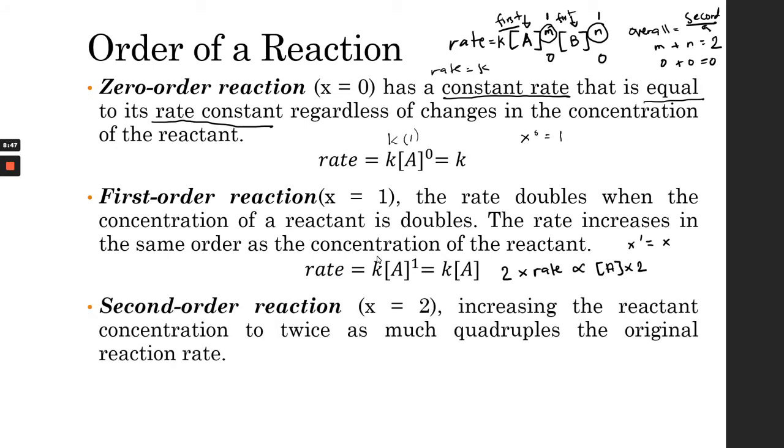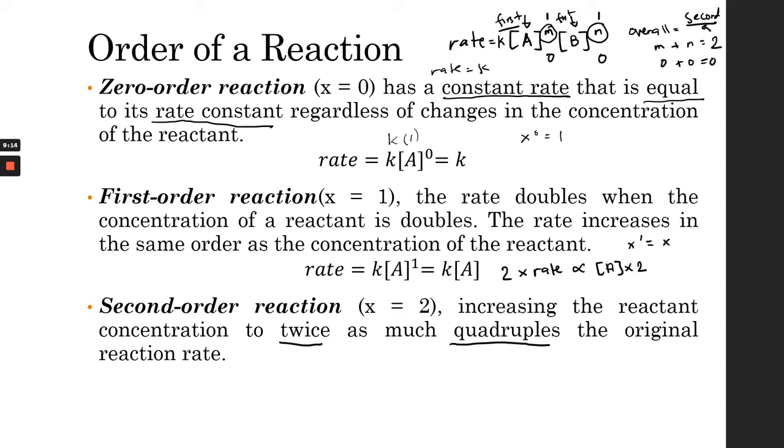And lastly, meron tayong second order. Actually, we have a lot of orders. We have fourth order, third order, pero those are more complicated. We're just sticking to these first three orders that are easier to understand. As for second order, wherein you raise your quantity to 2, increasing the reactant's concentration twice as much quadruples the original reaction rate.